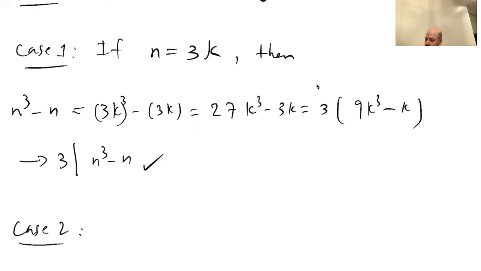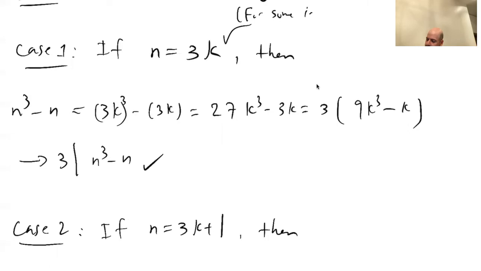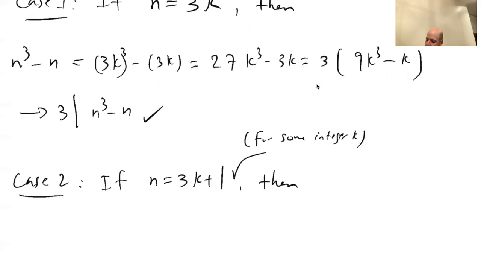Case 2, if the remainder is 1, I can also say n equals 3k plus 1 for some integer k, then n cubed minus n will be (3k plus 1) cubed minus (3k plus 1).